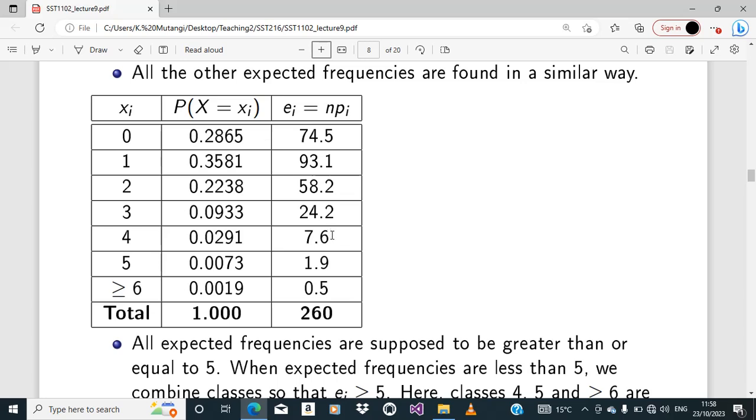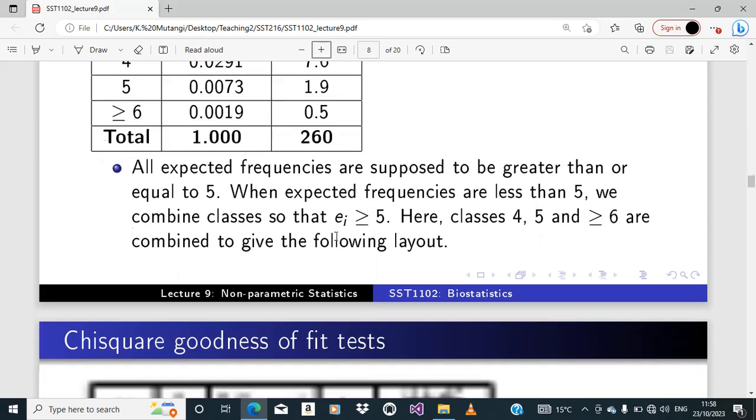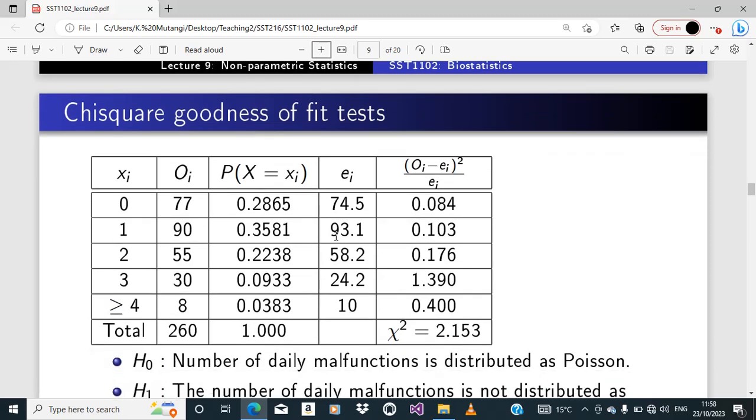That would mean that the expected frequency would then be greater than 5. It will be equal to 0.5 plus 1.9 plus 7.6. That is actually an expected frequency of 10. This is what we are talking about here. All expected frequencies should be at least 5. The revised table is as follows.